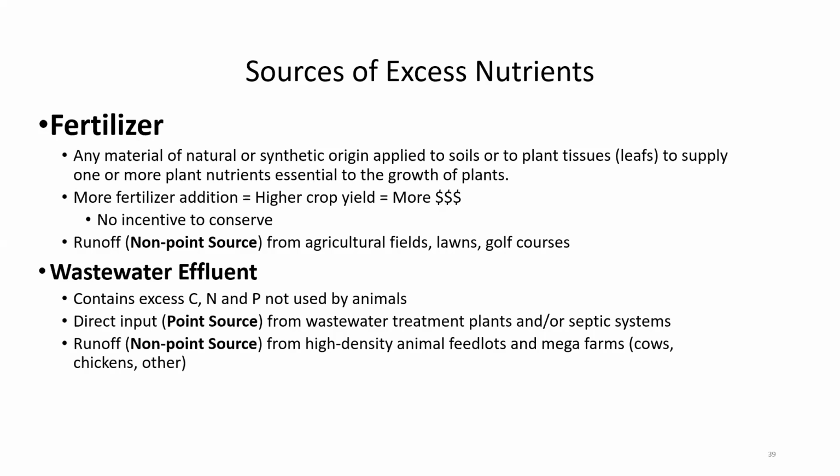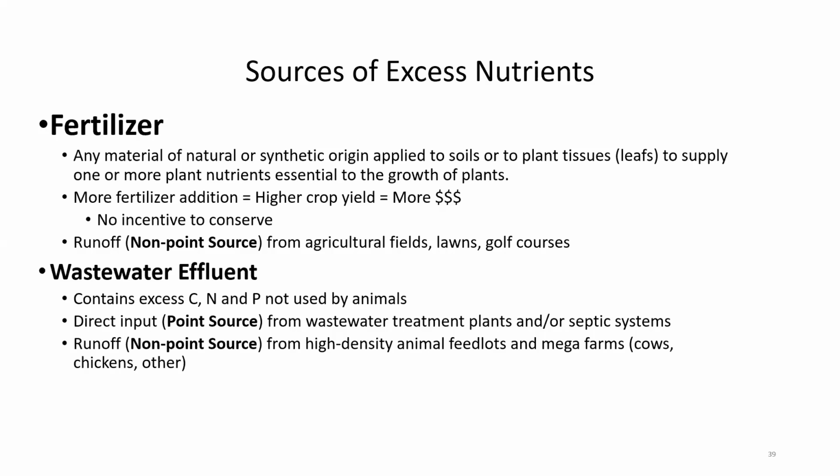Now, the other one that you might not think about is wastewater. So this is something that might occur in cities. This is going to contain excess carbon, nitrogen, and phosphorus that are not used by animals, because this is all wastewater. We might have a direct input or a point source from wastewater treatment plants or septic systems.